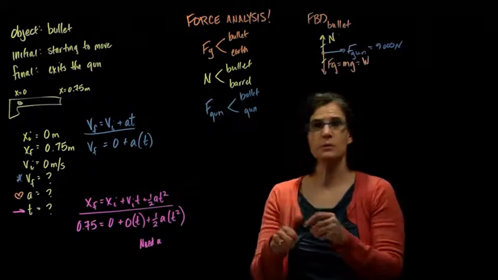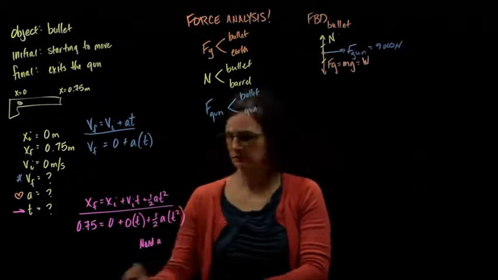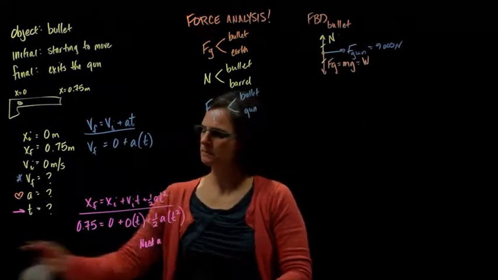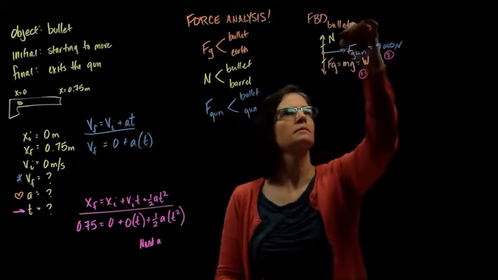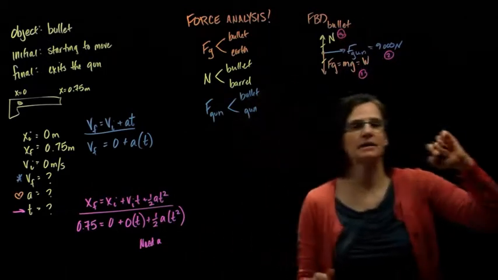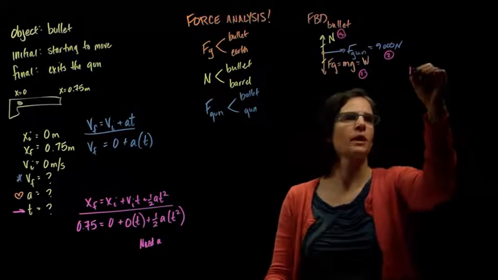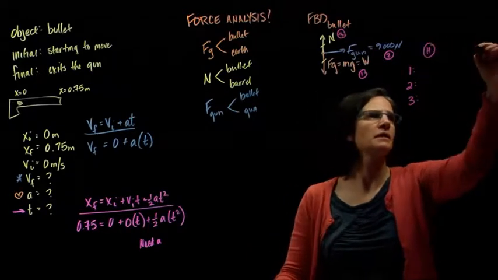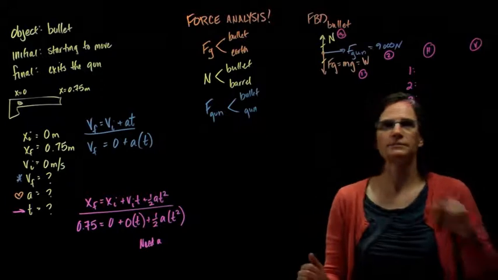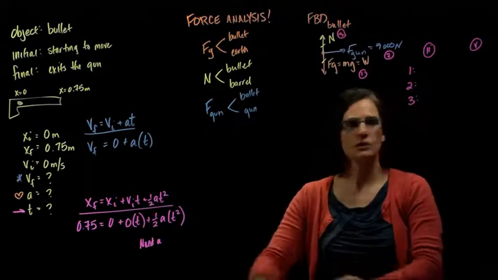So I number those forces, and I examine their components. So I have force 1, 2, and 3. And I can look at them horizontally, and I can look at them vertically. So force 1 is the force of gravity.